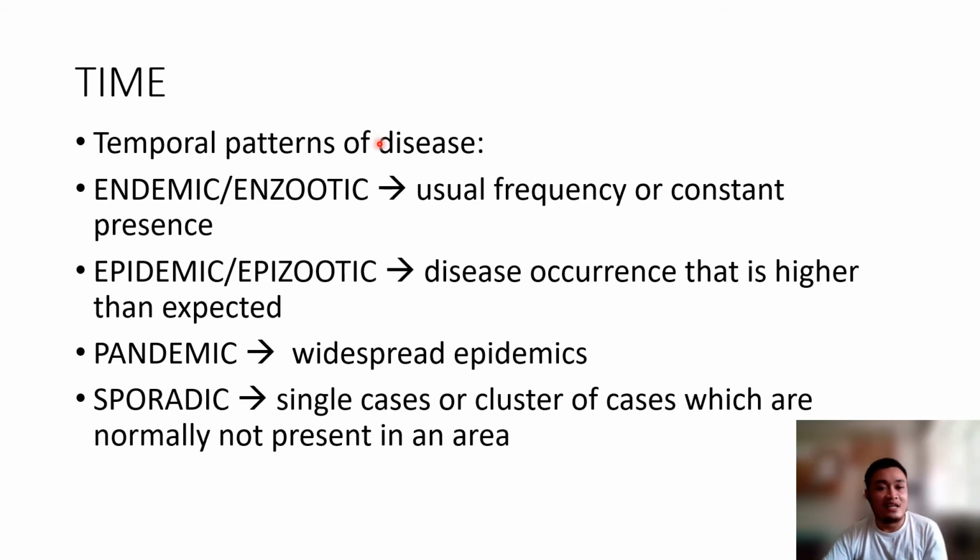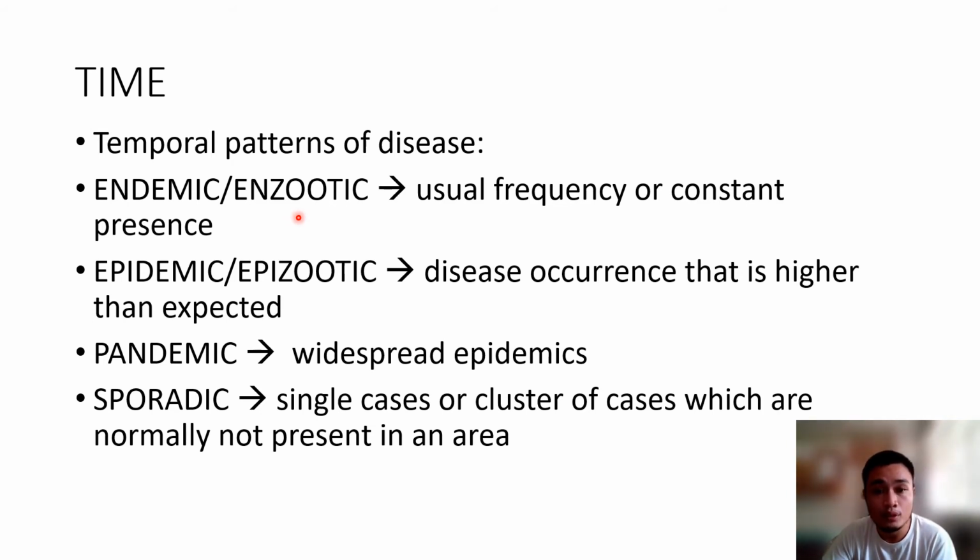Now, let's go to time or the temporal pattern of disease. So, these are the demics. You've heard of pandemics. Pandemics have been the catchphrase of the 2 years that we have been under COVID. So let's go to them, what do they really mean. So in simple terms, when a disease is endemic, or enzootic is another term since we use enzootic in animal diseases, the disease is usually frequent or in constant presence in a specific area.